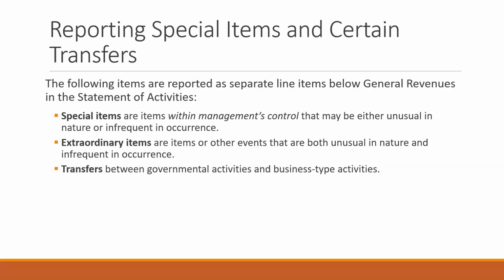Okay. So how we report different items. When we're looking at general revenues in the statement of activity, we have special items. Special items are those items that are within management's control. They can be normal items, or they can be unusual in nature or infrequent in occurrence.